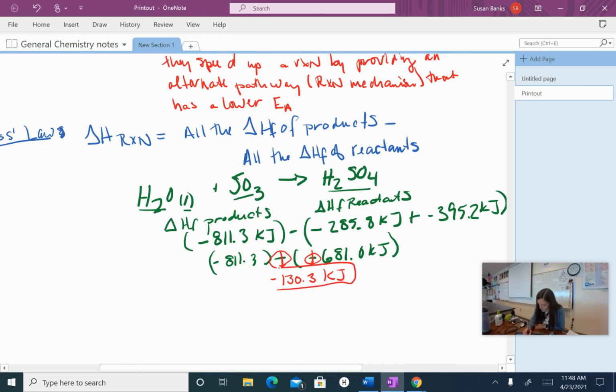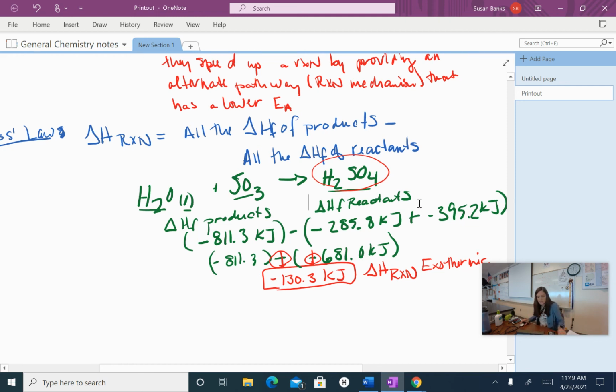So the heat of that reaction is negative 130.3. So because it's negative, this is exothermic. So this reaction actually gives off energy, and that's why sulfuric acid is made in the atmosphere, because it gives it a lower energy state.